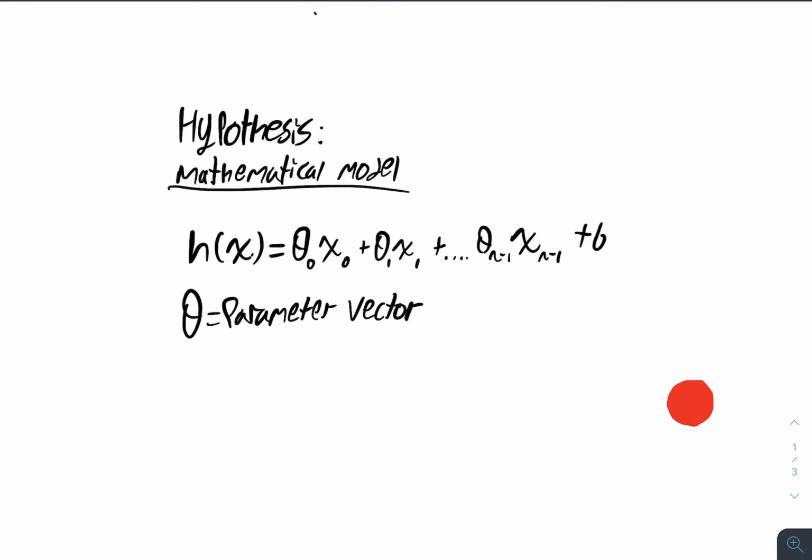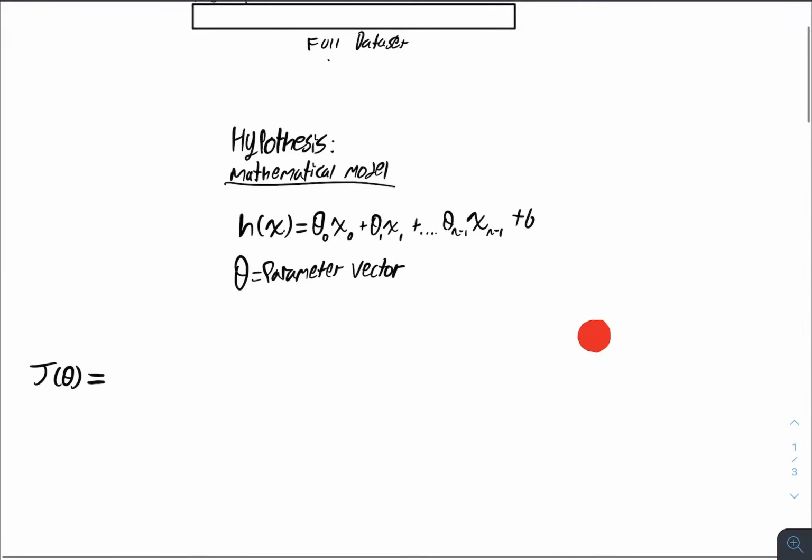Okay, so that's pretty nice. But what do we do with all of this? Well, once we have this model, this representation, there's presumably some set of parameters. In this case, we call our parameters theta, and we represent them in a vector. There's some set of parameters that accurately predict our output. So you can imagine that each parameter is basically stating that for every increase in x, the output has some effect.